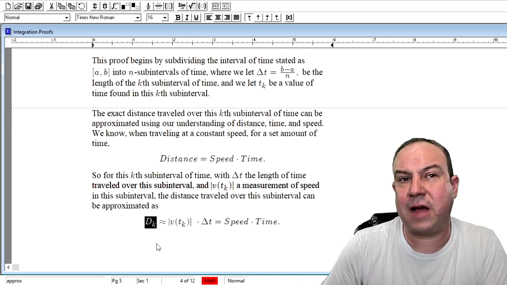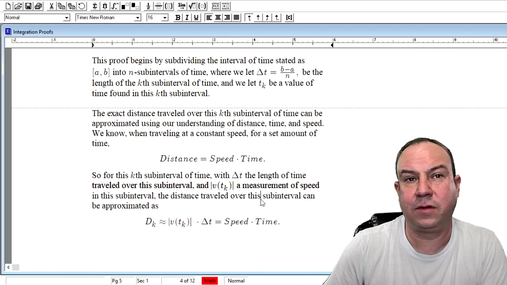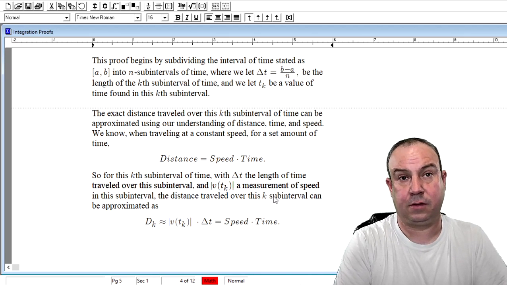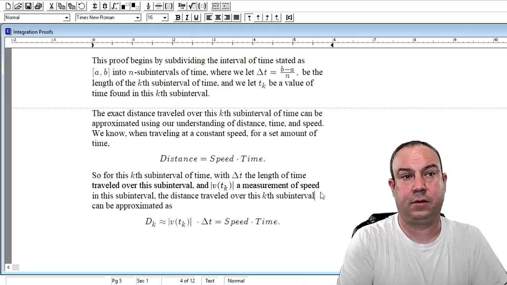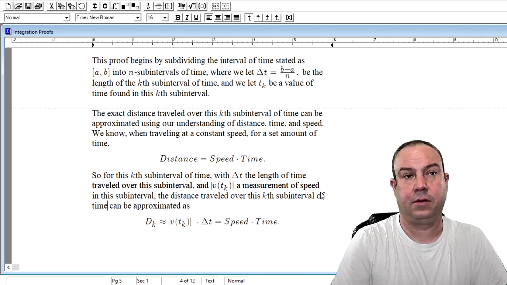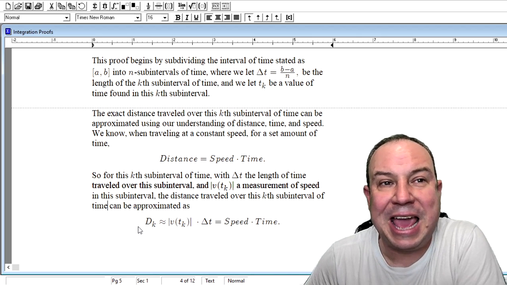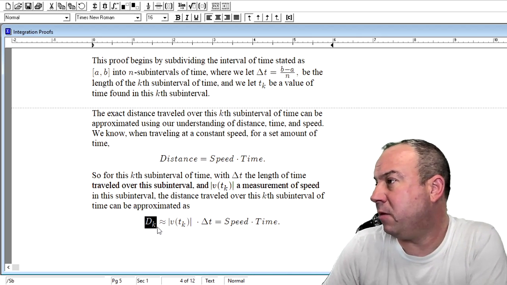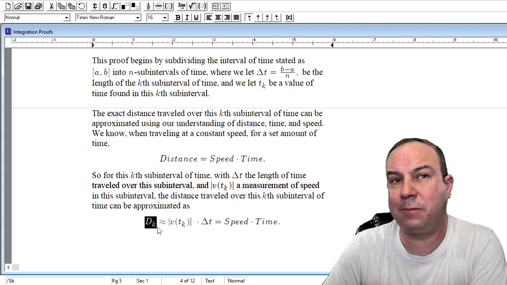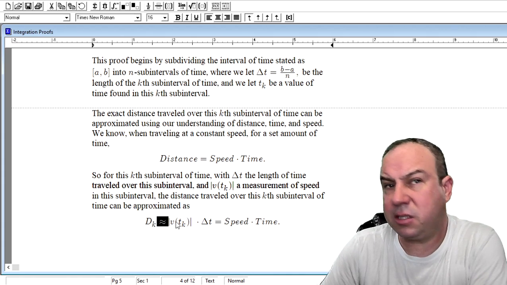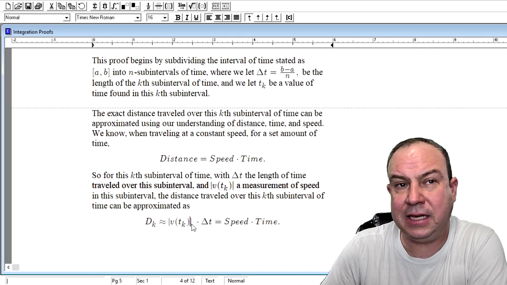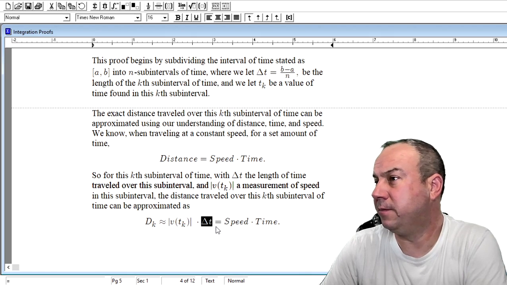And that distance traveled over that k subinterval can be approximated as d sub k. We might say d standing for distance, sub k for the distance over the k subinterval of time, and it would just be approximately the speed times the time traveled.